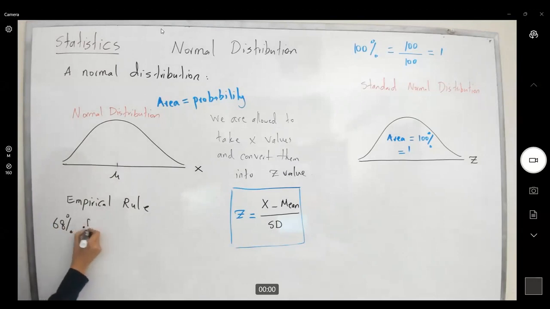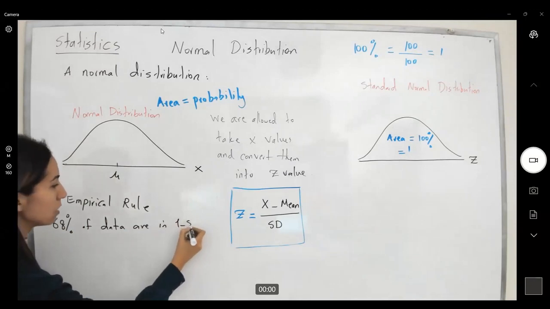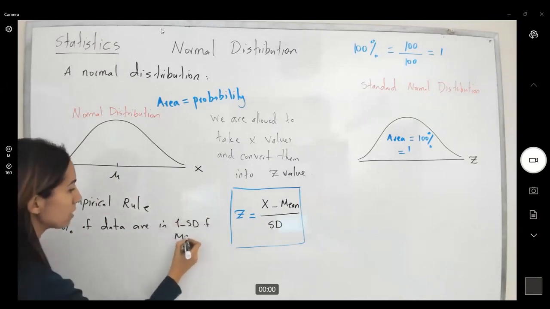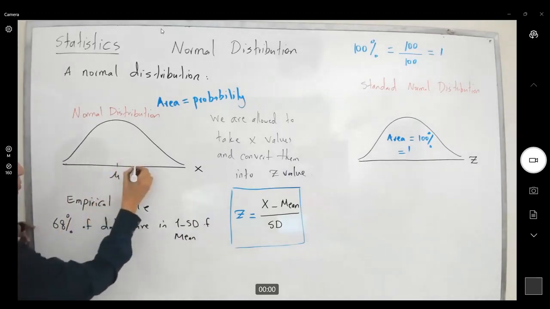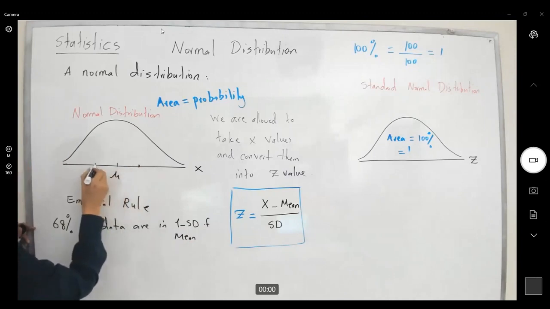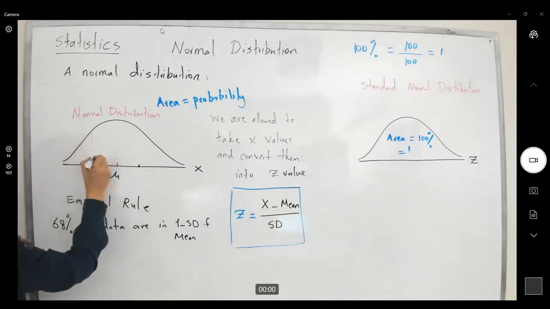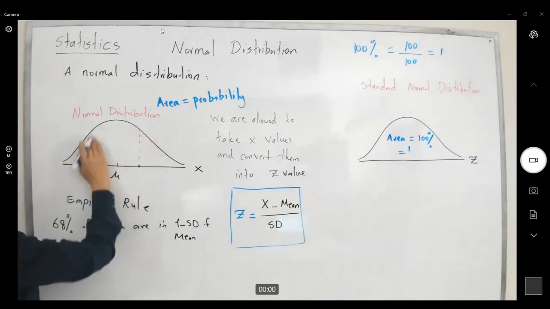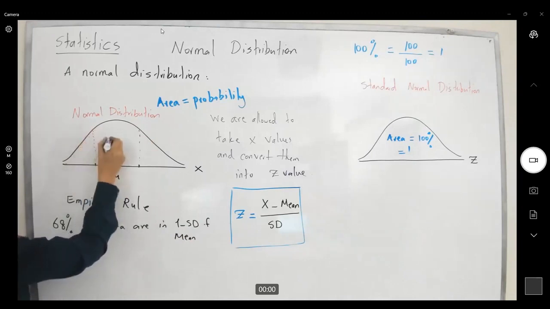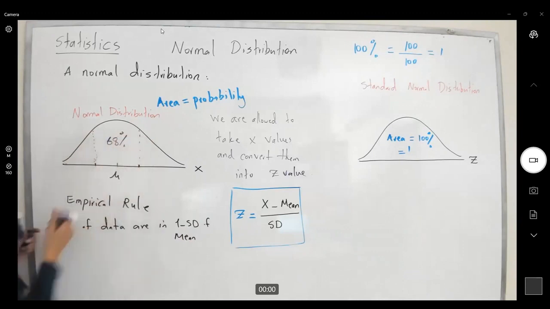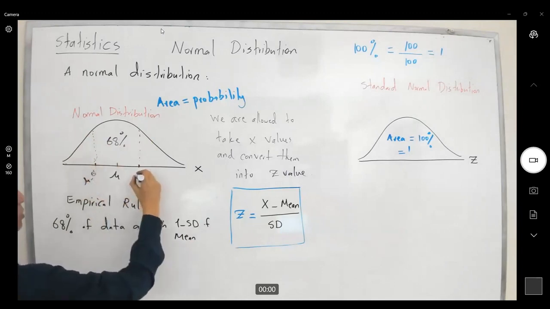It means that from mu minus one standard deviation to mu plus one standard deviation, we have 68% of the data. Not that hard, just an approximation.